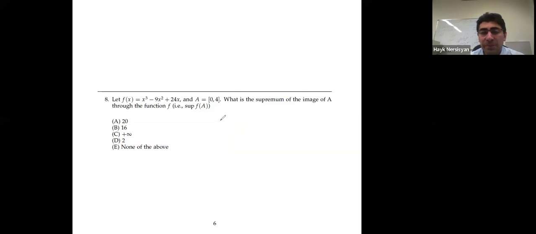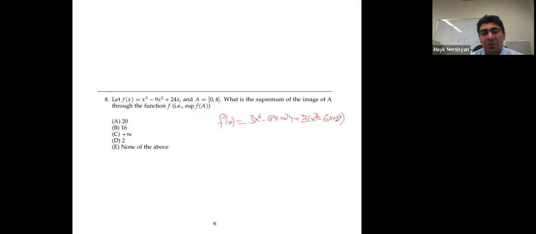To do it, we have to calculate f prime of x. f prime of x gives 3x squared minus 18x plus 24, which is the same as 3 times (x squared minus 6x plus 8). Find the roots of this polynomial.